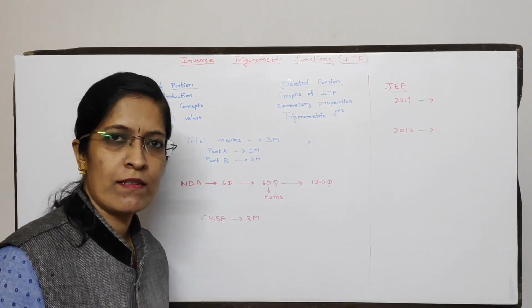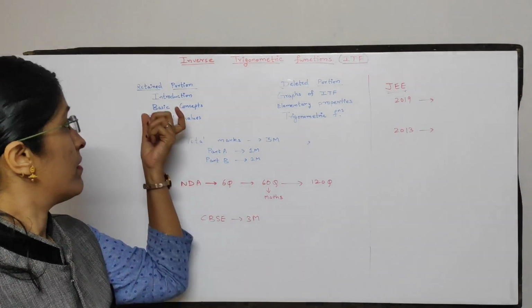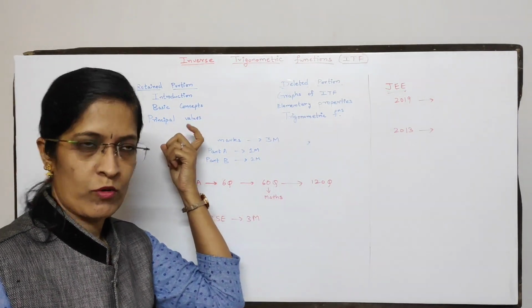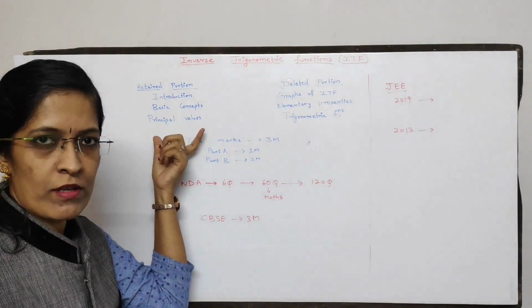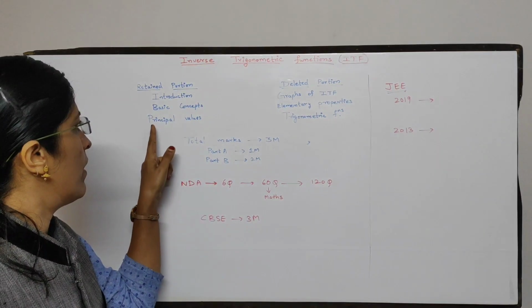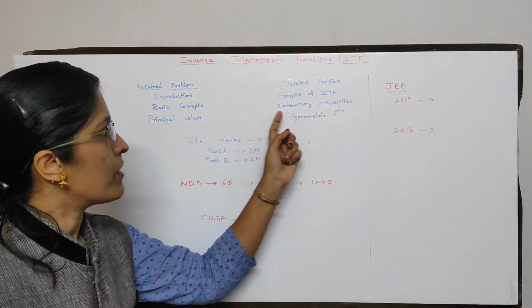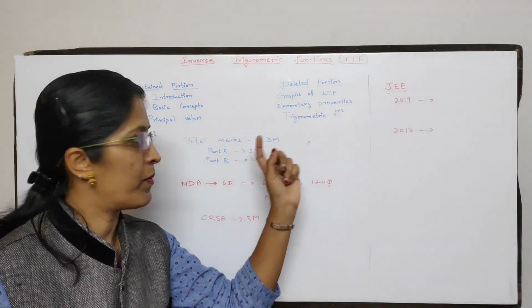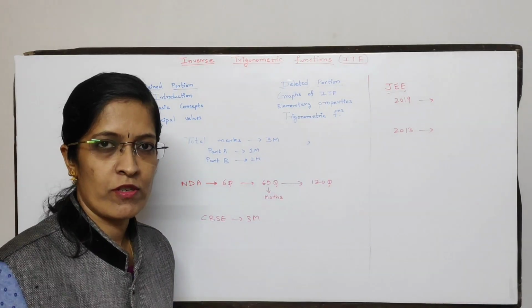So as we know, the PU board has deleted some of the portion and we are left with some of the portion. The retained portion is introduction, basic concepts, principal values. The deleted portion is graph of inverse trigonometric functions, elementary properties, trigonometric functions.